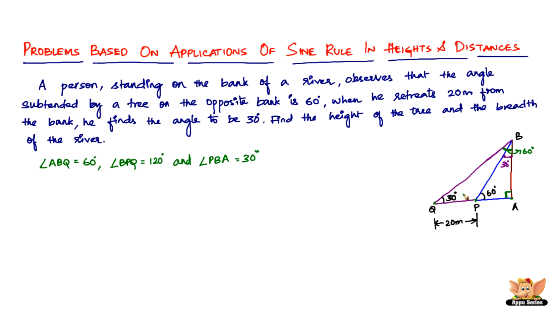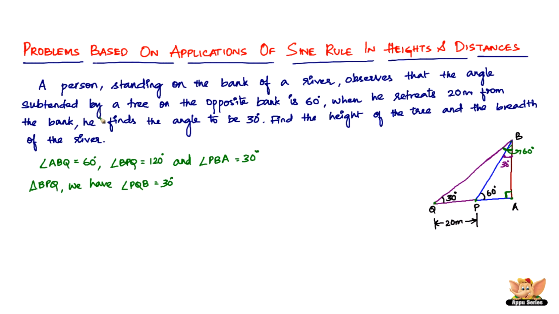Now let's go to the triangle BPQ. Let's go to this triangle here, B, P, and Q, all right? So going to the triangle BPQ, we have angle PQB equal to 30 degrees. It's already given.